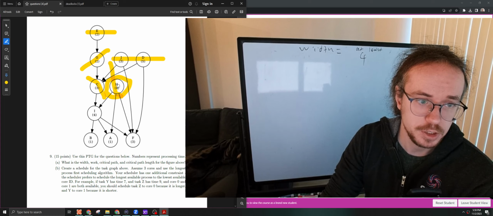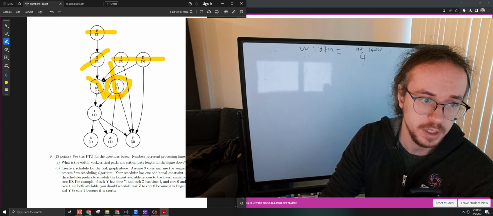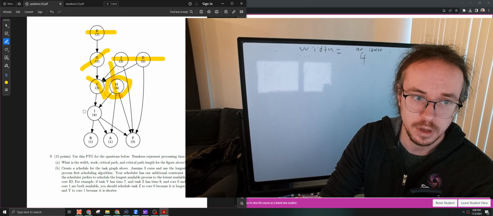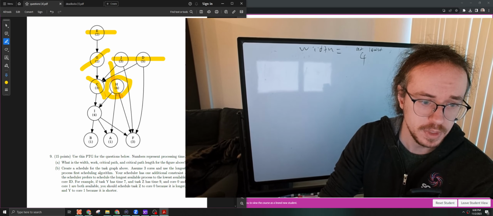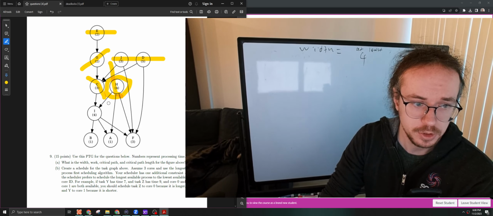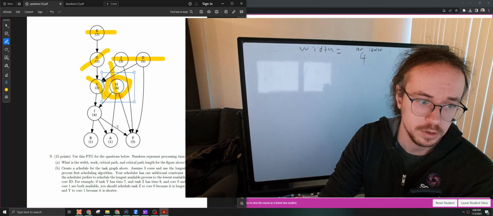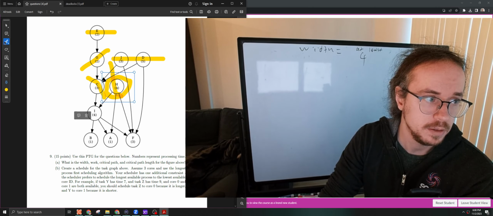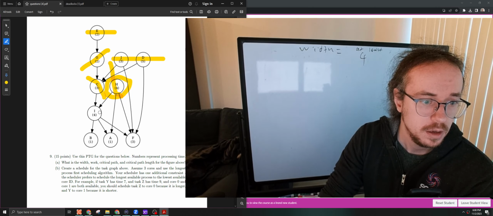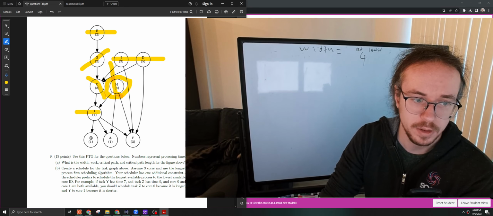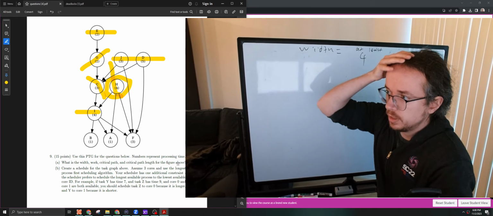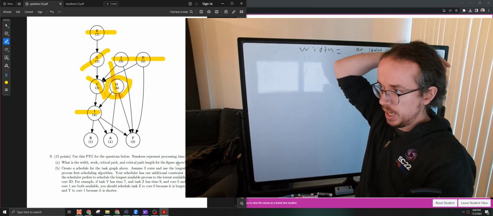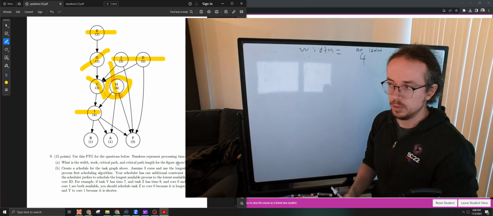Likewise with H points to a child of C. So you need to finish 2 nodes to unlock 1. You need to finish 2 nodes here to unlock F. And then the best you can do once you're all the way down here is, sure, I is also done. But all that gives us is B, A, and F. So realistically, your peak parallelism happened at the very beginning of this problem.